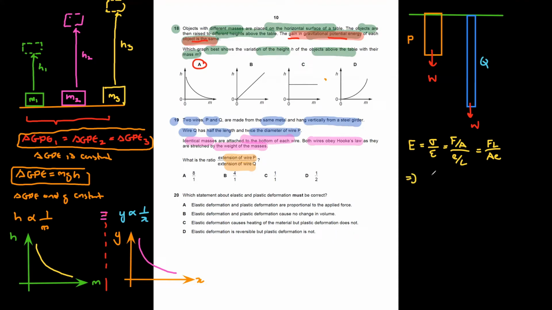So extension e is what you want to find. So e is FL over area times Young's modulus. This equation applies to both of the wires hanging from the steel girder.